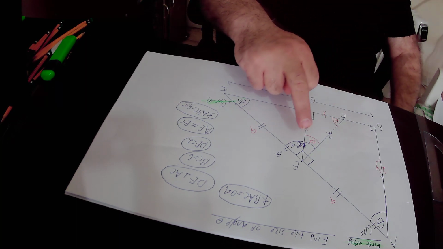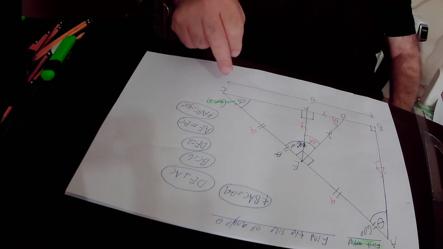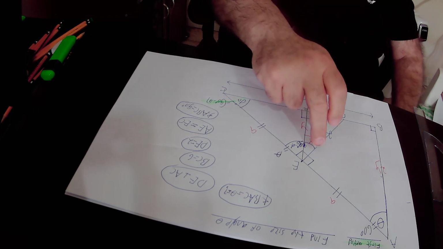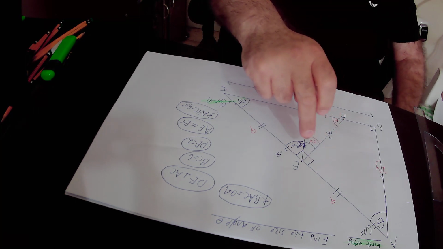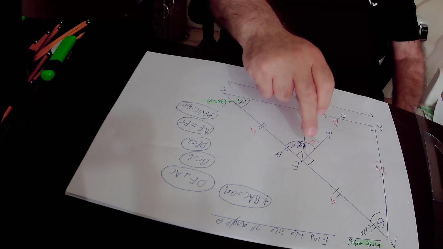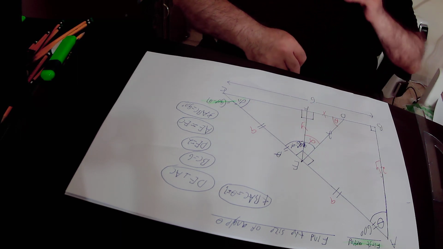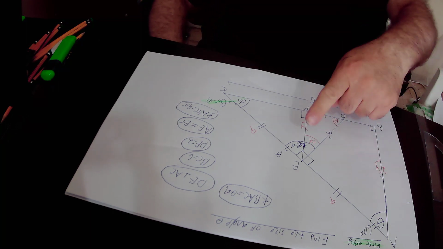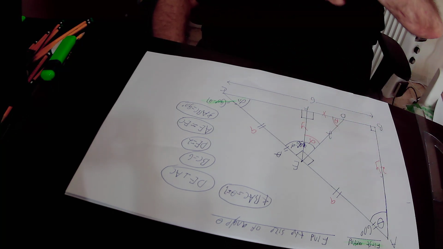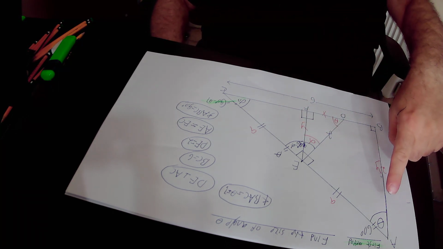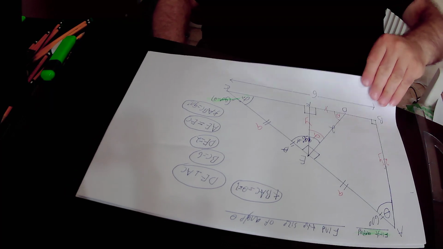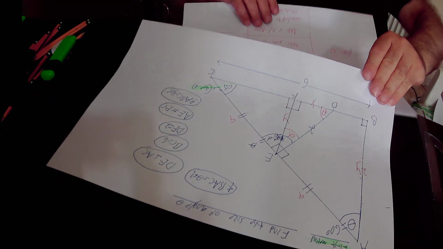Here DF is perpendicular to AC, that is to say, this angle equals 90 degrees and this angle will also equal 90 degrees. DE equals 3 units in its length, and AE equals EC. And we want to find out the value of this angle theta. Okay.